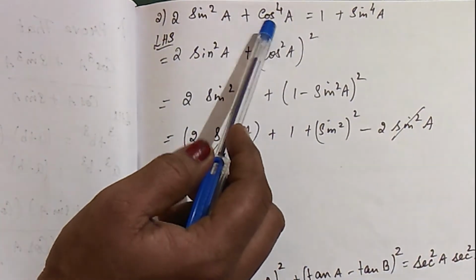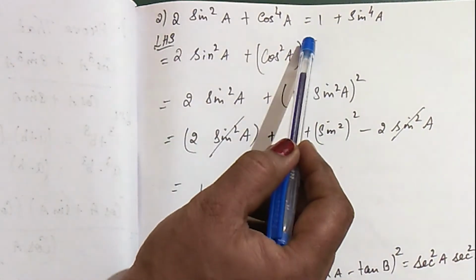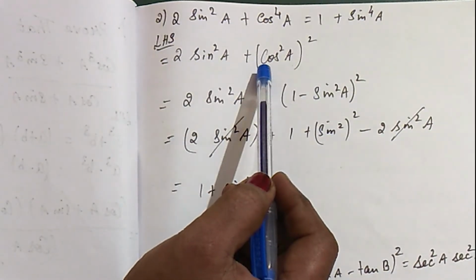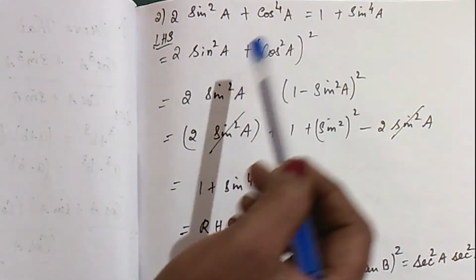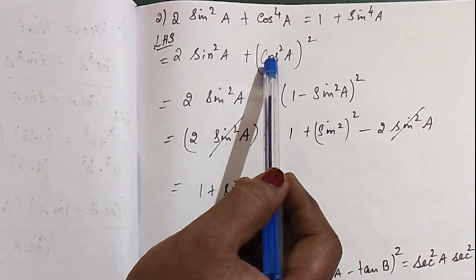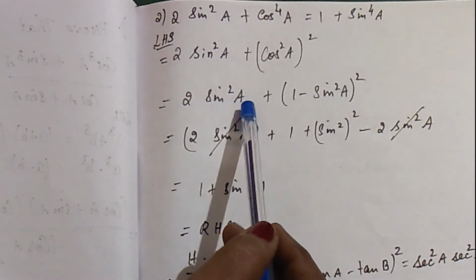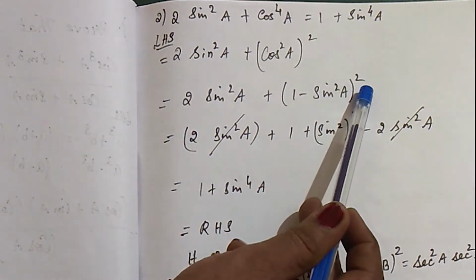This 4 can be written as 2, so you will write (cos²A)². Now you know cos²A means 1 − sin²A, because I need the answer in sin A. So write 2 sin²A + (1 − sin²A)².